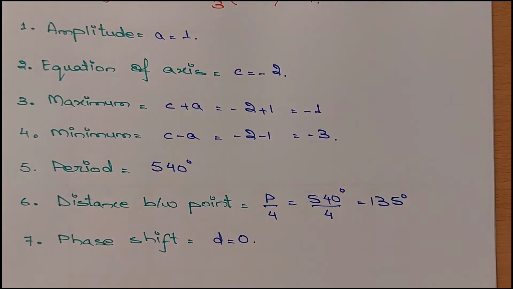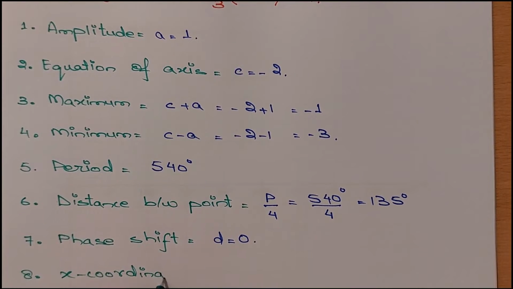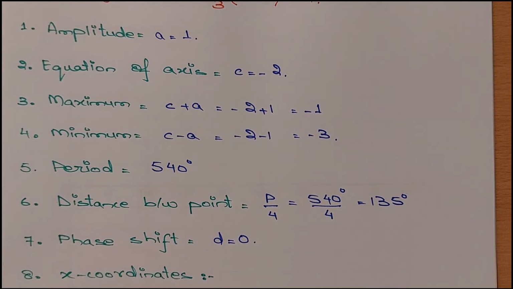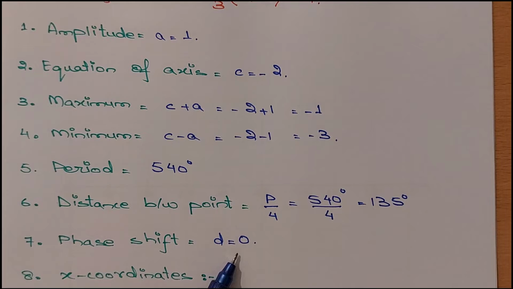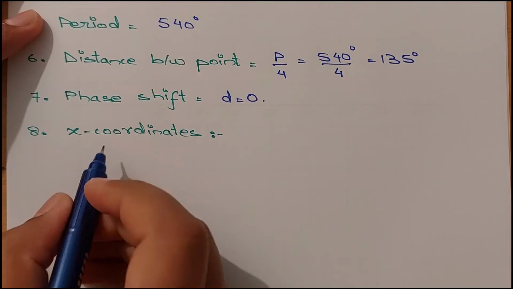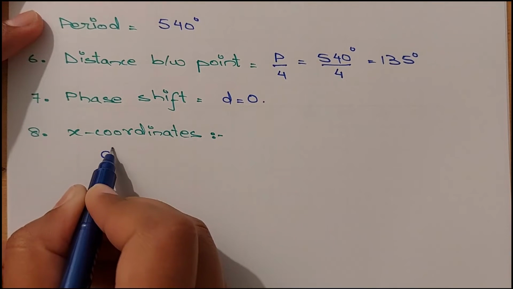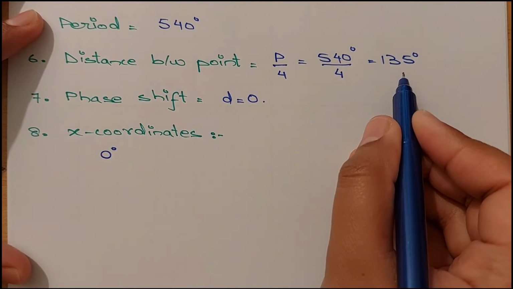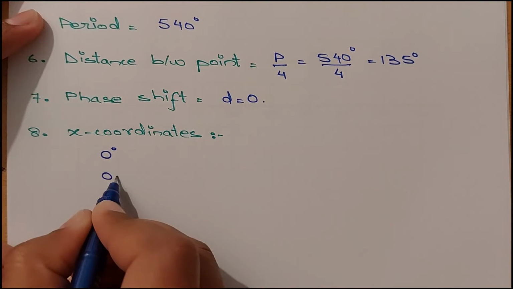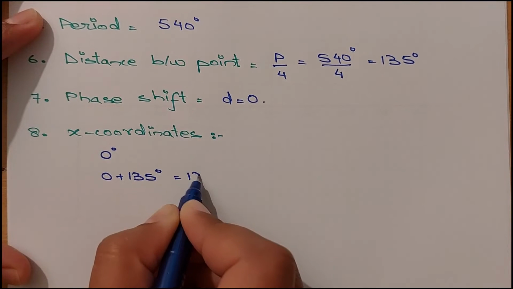Right. Now let me write down the x coordinates. Keep in mind the x coordinate starts with the phase shift, and we add the distance between points each time. So the first coordinate is the phase shift, that is 0, and the next is adding the distance between points. In 0 we add 135 degrees, so this is 135.